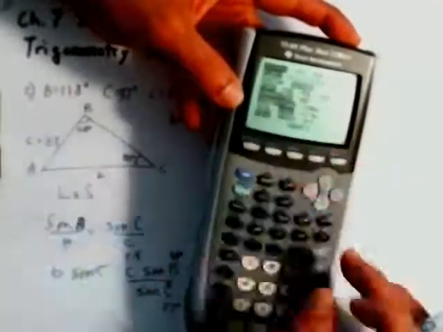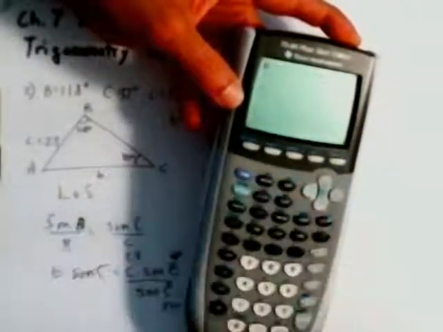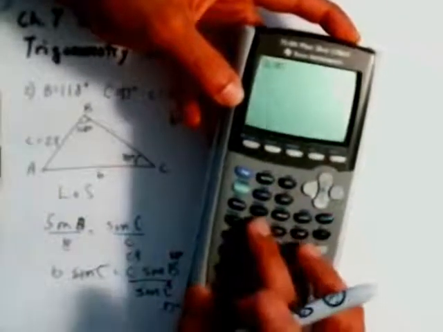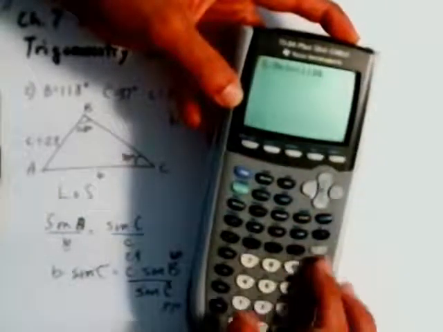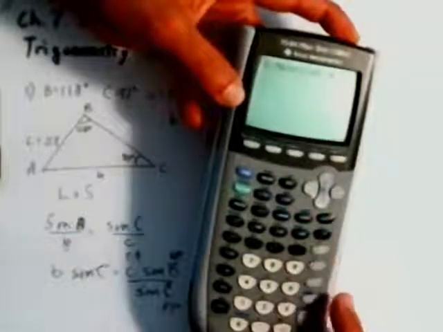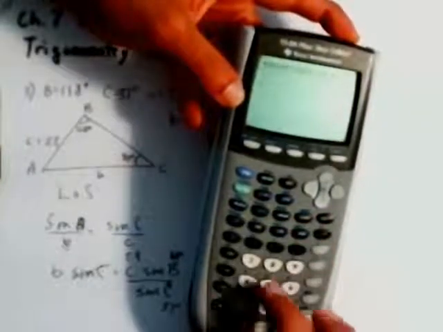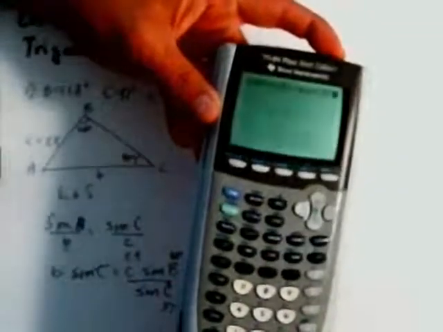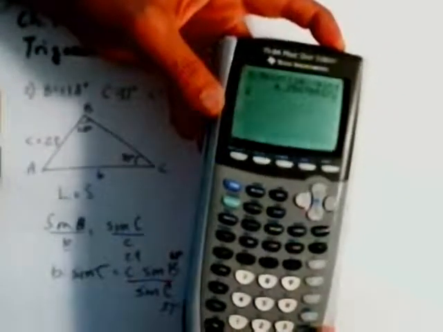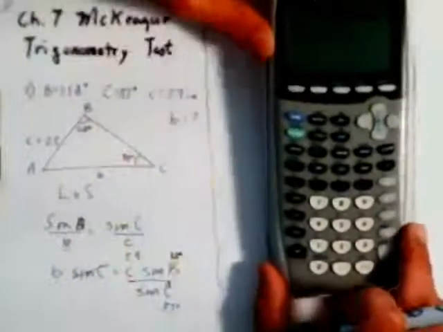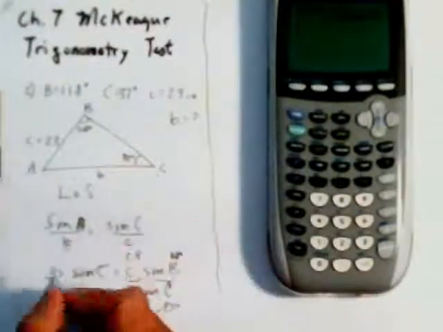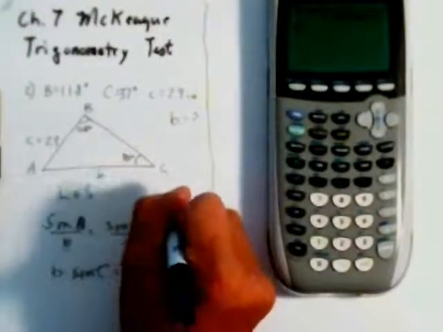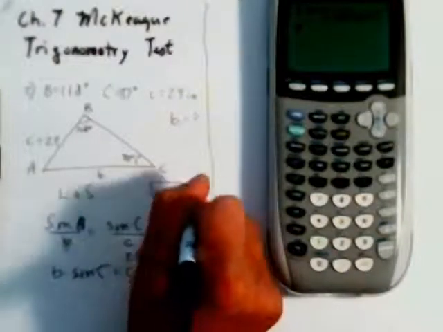So we're going to go 2.9 times the sine of 118 in parentheses divided by the sine of 37. You don't need the end parentheses on this one. And when you press enter, it should give you approximately 4.3. So little b is approximately 4.3.